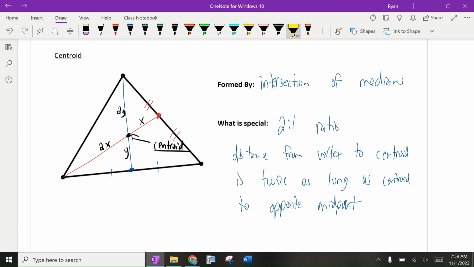Blended in with the 2-to-1 ratios, do you see a 2-to-3 ratio in here? Because sometimes, based off of the parts that we're given, we might want to use a 2-to-3 ratio. Specifically, this yellow segment is 2/3 of what? Wouldn't it be 2/3 of that entire length? It's 2x over 3x.